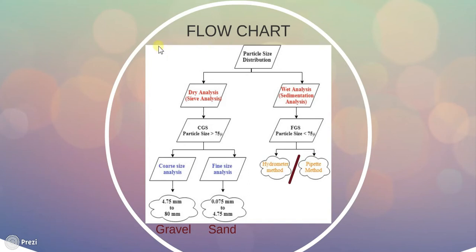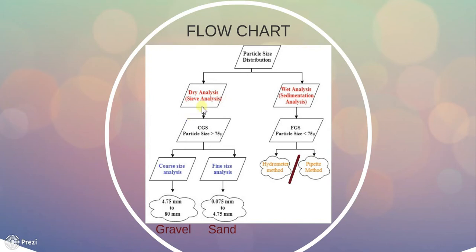It expresses the proportions by mass of various sizes of particles present in a soil. The mechanical analysis or particle size distribution is performed in two stages: dry analysis and wet analysis. Dry analysis is also known as sieve analysis.